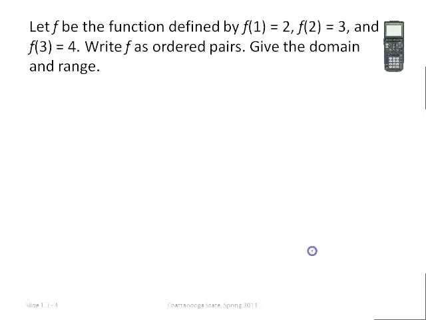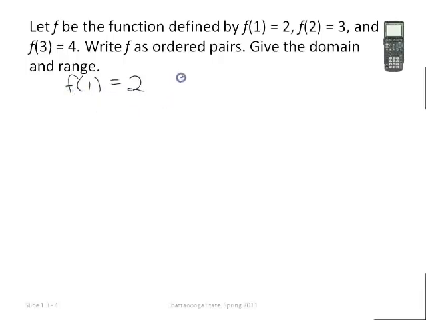Sometimes functions are written as ordered pairs. Sometimes they're written using the function notation. Here what we have is f of 1 equals 2. That means f of 1 equals 2.